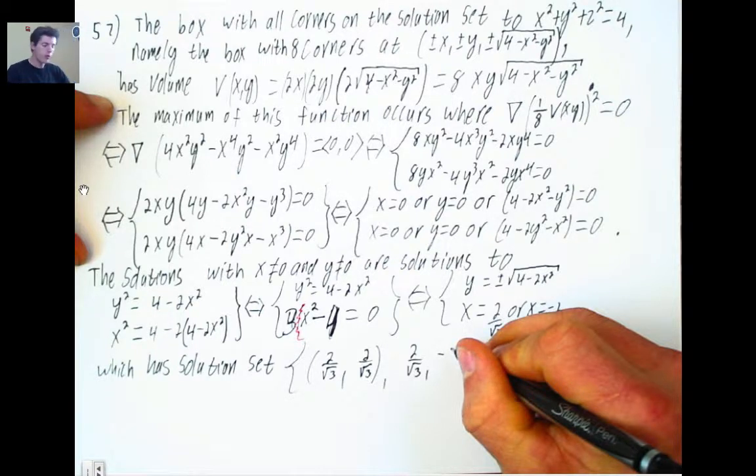Okay, so there are 4 solutions, but all 4 of those solutions actually encode the same box. That is to say, there is only one extreme value, or only one critical point.